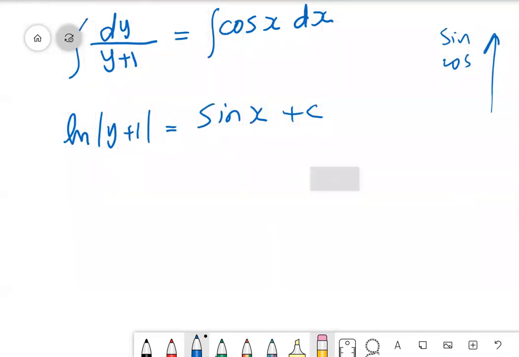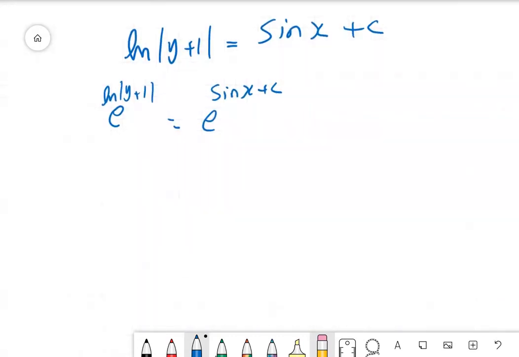Now, as in one of the questions we did, to get rid of the ln, we do e to the power. You can either use the definition or you take e for both sides. So e to the power ln y plus 1 equals e to the power sine x plus c. And this means y plus 1 equals e to the power sine x plus c.